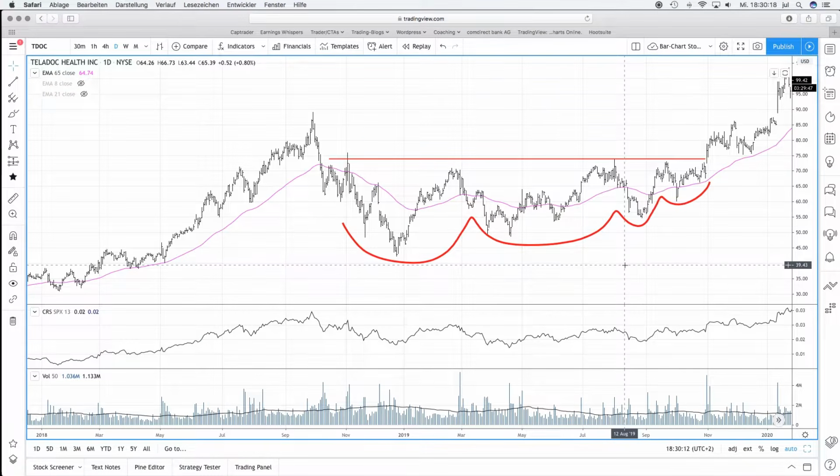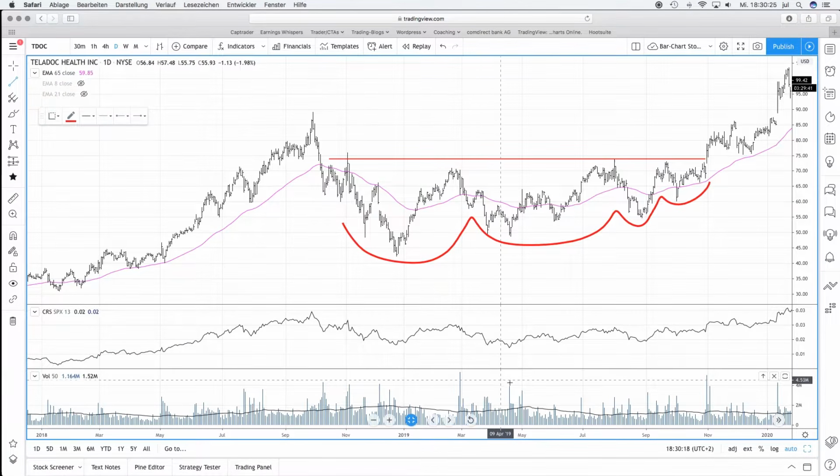And I also want to point to the volume itself. You can see two things here in the volume. The first one is there are a lot of spikes, and you can look at every spike and see if it's on an up day or a down day, and then you can see if it's accumulation or distribution.